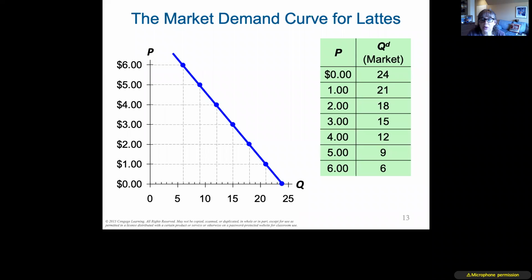We can plot out each point. At $0, it was 24. At $1, it was 21. At $2, it was 18. At $3, it was 15. At $4, it was 12. At $5, it was 9. And at $6, it was 6. Then once you have all those points, you can create the curve.